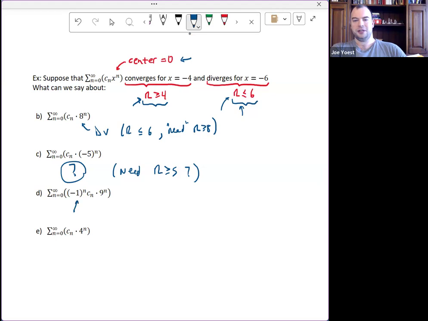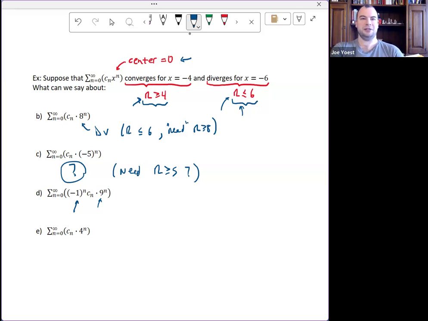What if I have an alternating series with a 9 to the n here? That actually doesn't do anything, right? Because I could just combine these two, and that's just a negative 9 to the n. That negative 9 to the n or positive 9 to the n, whatever, it's still symmetric about the center of 0.